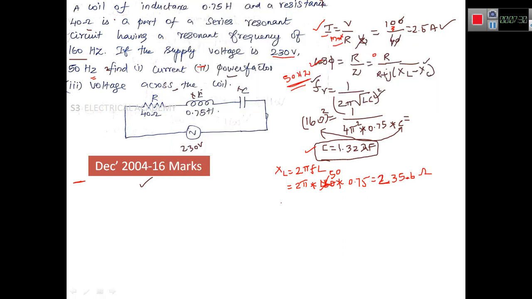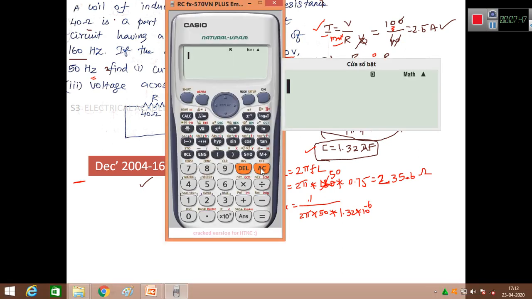So next, XC, which is equal to 1 divided by 2 pi FC, that is 1 divided by 2 pi into 50 into the capacitance value 1.32 into 10 power minus 6 farad.